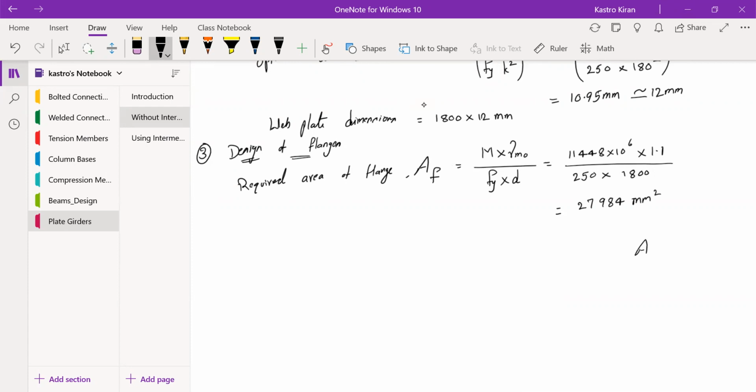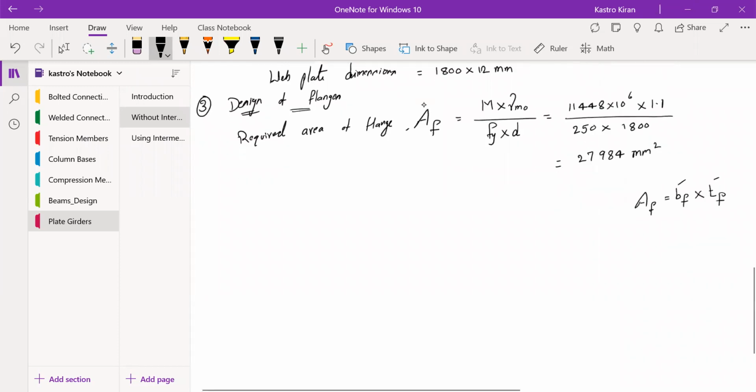Now you know area of the flange equals width of the flange, bf, into the thickness of the flange, tf. Now you know the area, but you don't know the width and thickness of the flange. So here you have one known factor and two unknown factors, right? So how will you solve for the width or thickness?